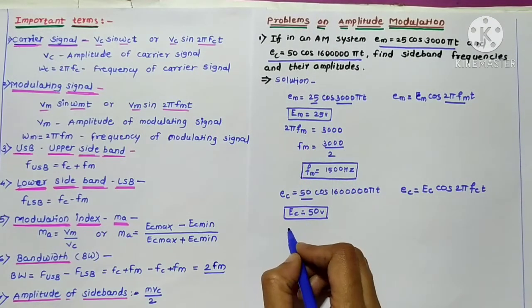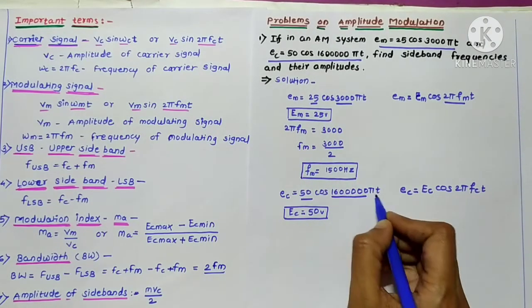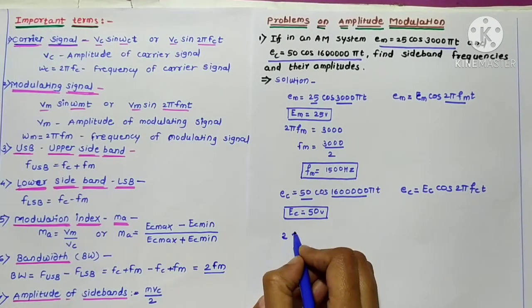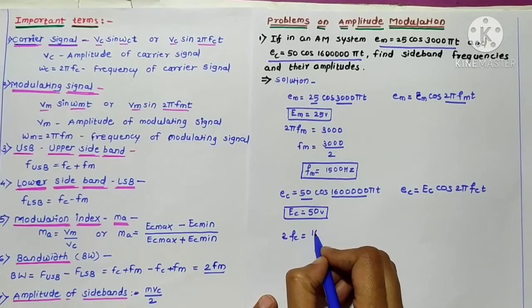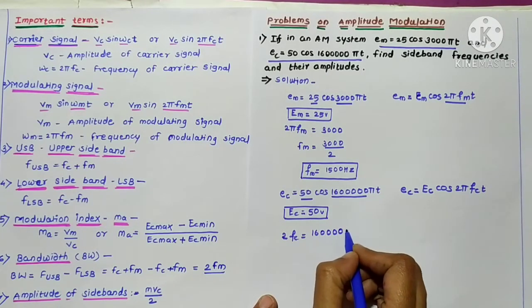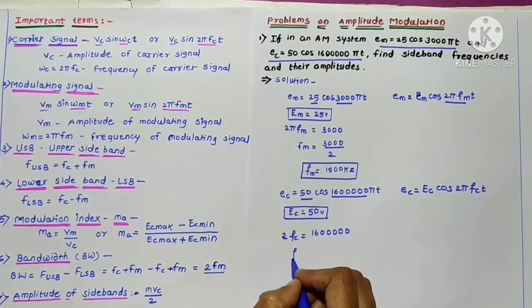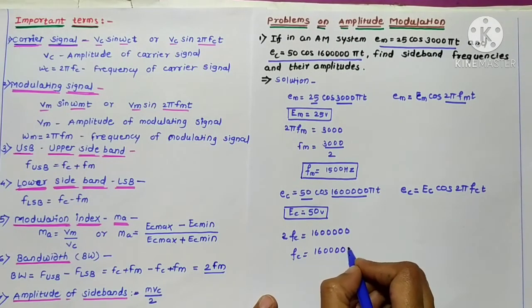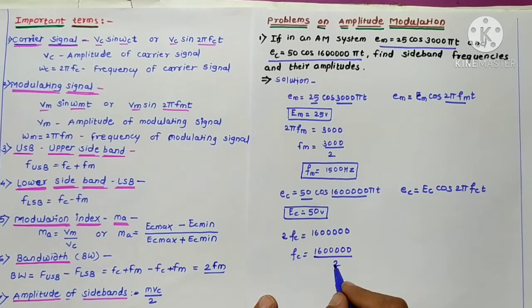Now from this equation this 16 lakh is equal to twice fc, so Fc is equal to this given term, that is 16 lakh divided by 2.